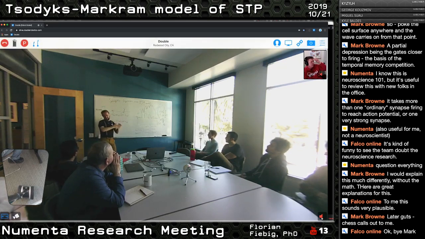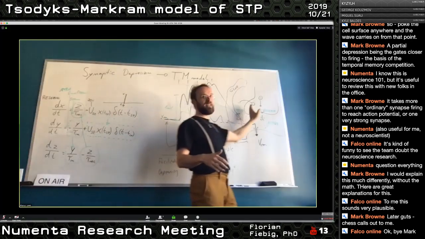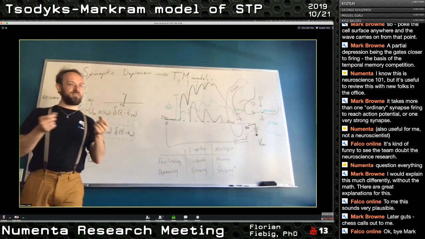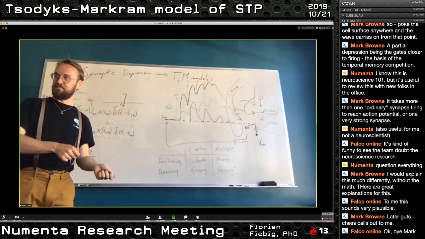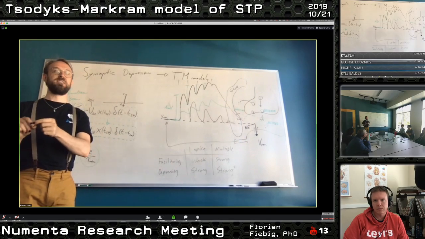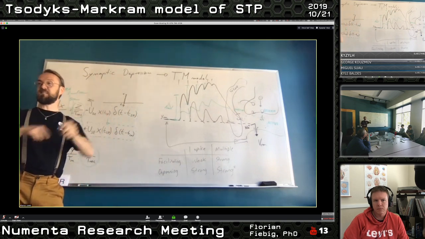Obviously it depends on the balance there. There is some saturation, right? So even an infinitely long train of presynaptic spikes will inevitably arrive at some point where there's a balance between the input and the depression. At that point, the voltage that you get really only depends on the speed of recovery.